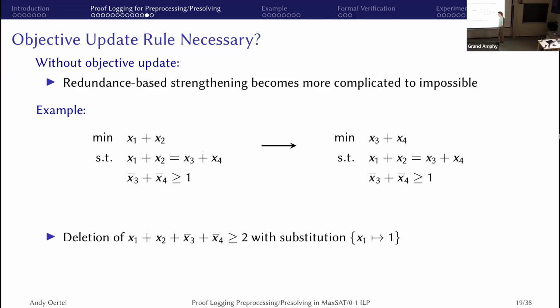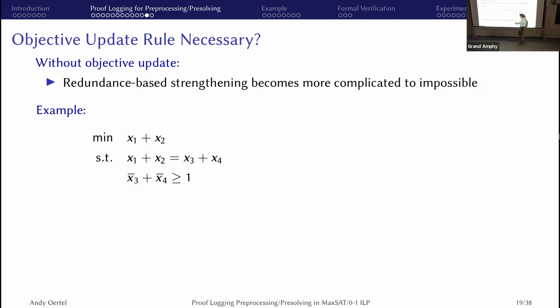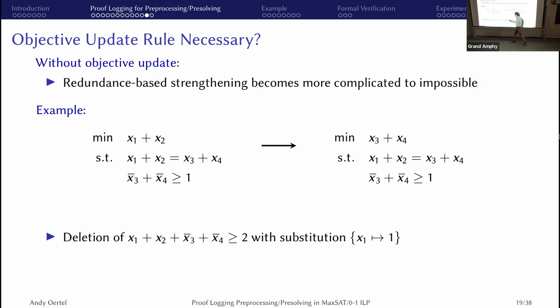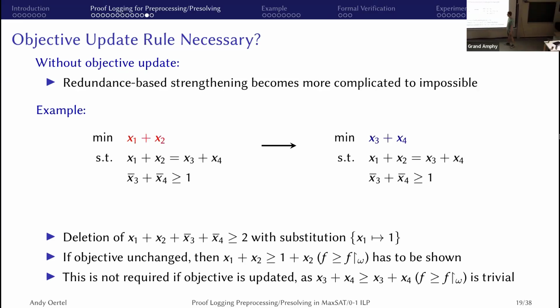Now, if we want to do a deletion of one of these original constraints, so originally we had this constraint here, and we want to delete this now with the substitution that maps x1 to true, then, if our objective is unchanged, we have this objective improving or non-worsening condition. And this gives us that x1 plus x2, so this is our objective, is greater equal than 1 plus x2.